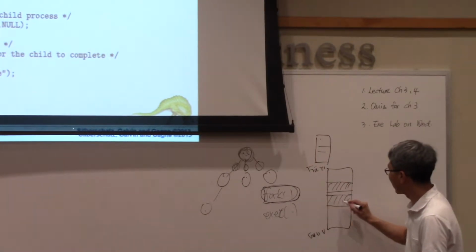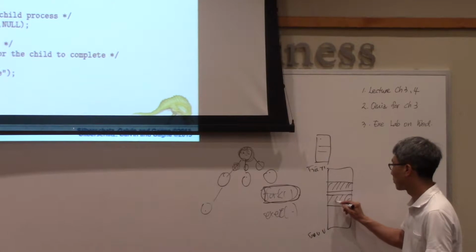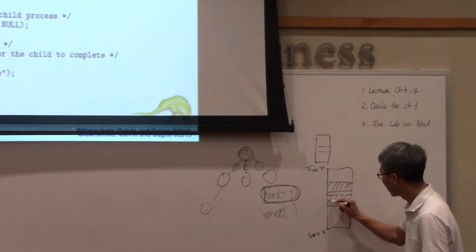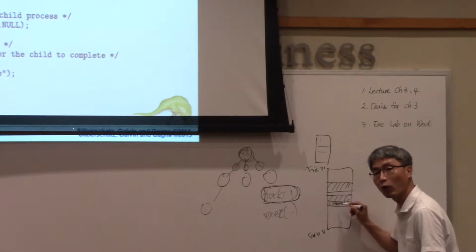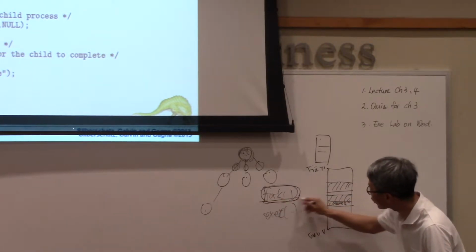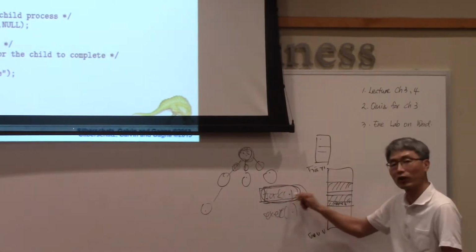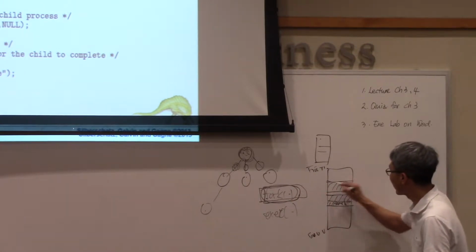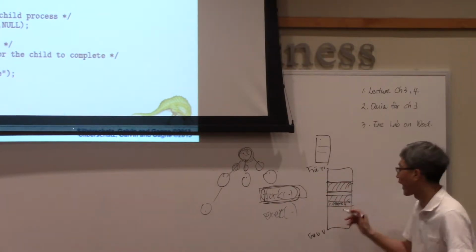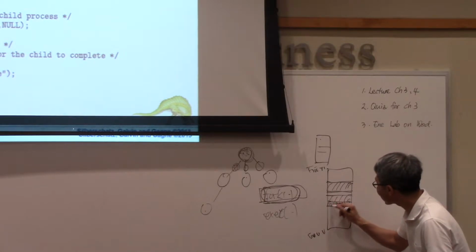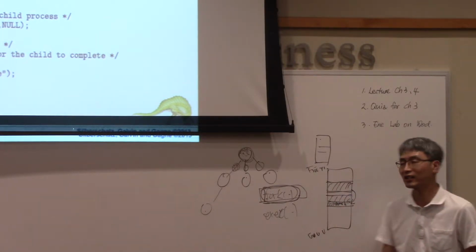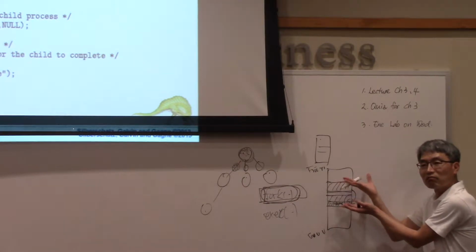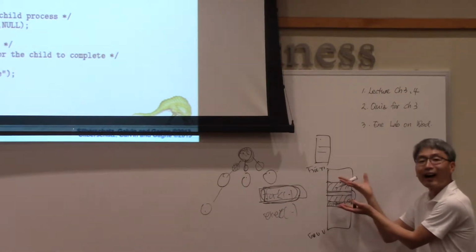For example, this is the bash shell. The text part is the number of instructions for bash. When you successfully fork the process, this resource is created. However, the bash shell text part will be shared with the parent, exactly the same, identical.